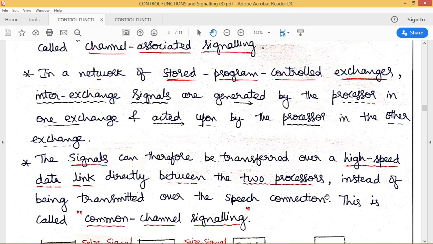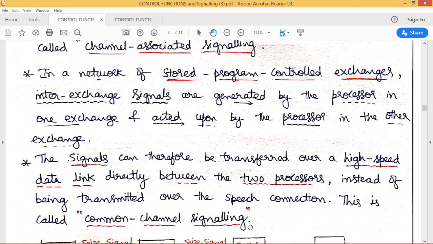One set of links is for speech connection, another set of links is for control signals between two exchanges or two processors. Each exchange will have its own processors, so we need to send control signals between the two exchanges. In such cases, that is in the case of an SPC exchange, a separate dedicated high speed data link is provided, and this type is called common channel signaling.